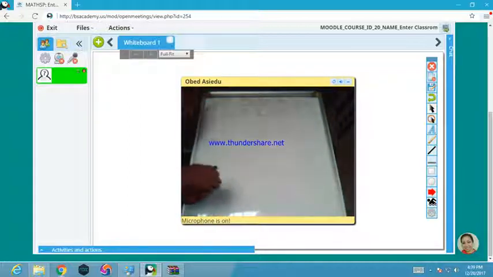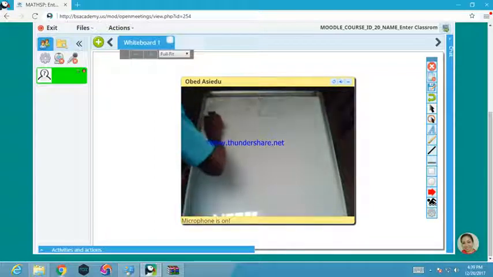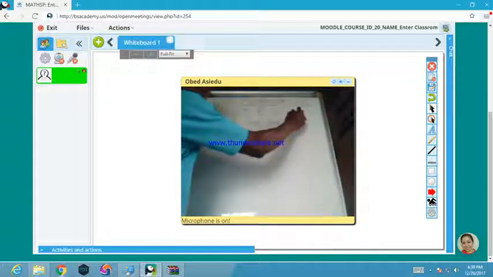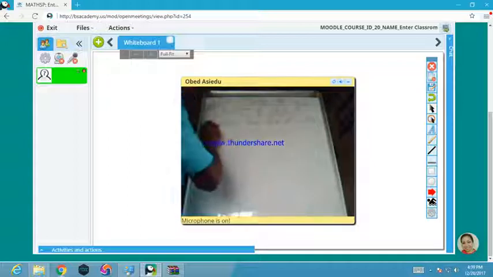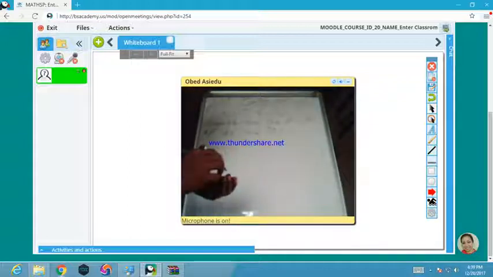Now, just to bring us back up to speed on what we have done before, let's take one more example of HCF. Assuming I have to find the HCF of, for example, 42 and 70.